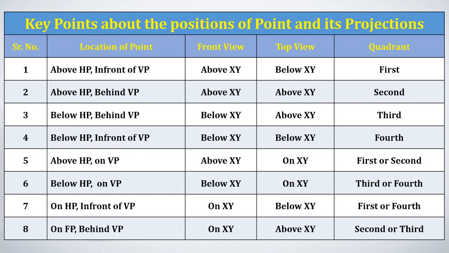Similarly, when the point is on HP and in front of VP, the front view will be on the XY line and the top view will be below the XY line, and the point lies in either the first or fourth quadrant. Similarly for the eighth, on HP and behind VP, the front view will lie on the XY line and the top view will lie above the XY line, and the point lies in either the second or third quadrant.